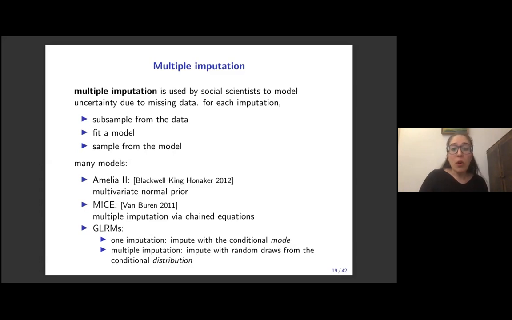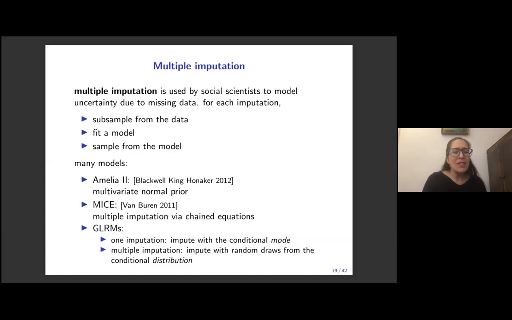The approach is you impute the data many different times, so many different draws from some model, and you can fit whatever you want on top of that completed data set. So now you have like 20 different completed data sets. You fit your statistic of interest, and you look at the distribution over these different imputed data sets to get a sense for how much the missing data has affected the uncertainty in the final statistic of interest.